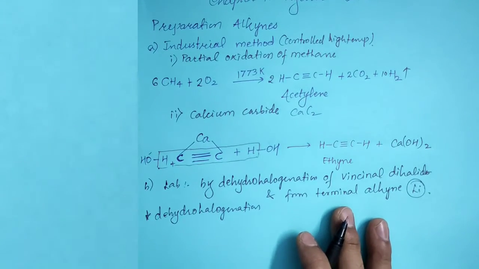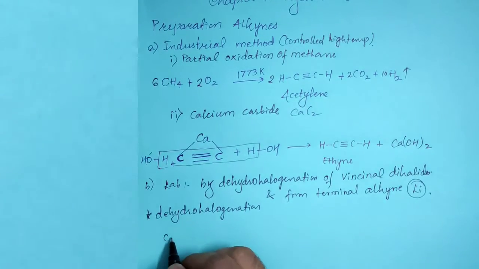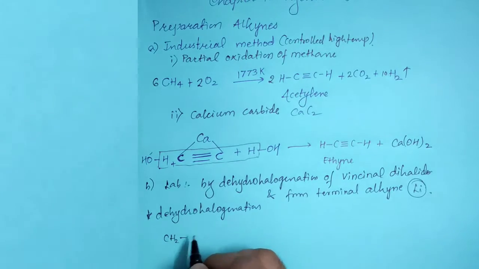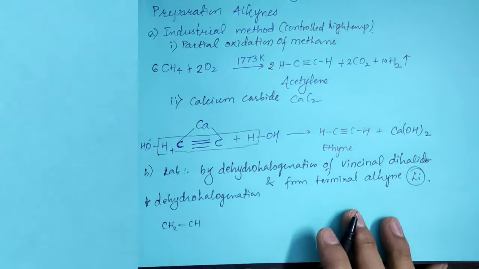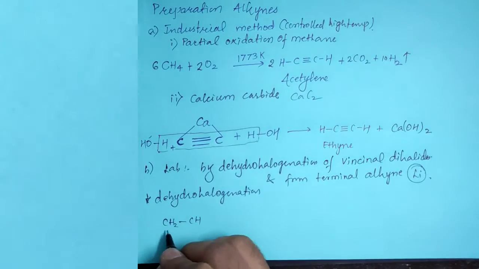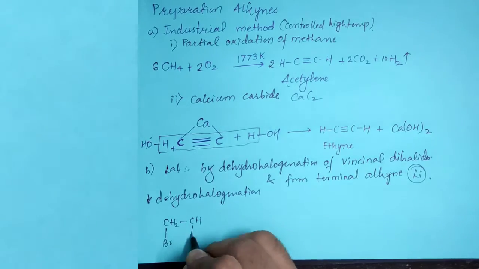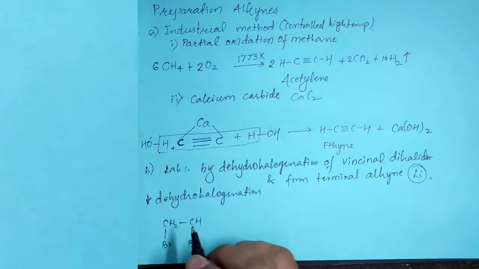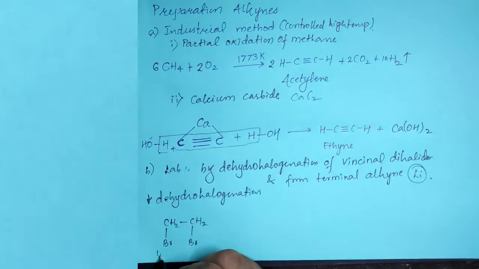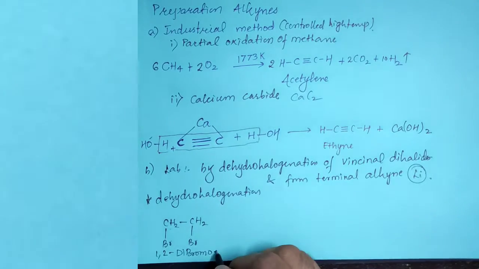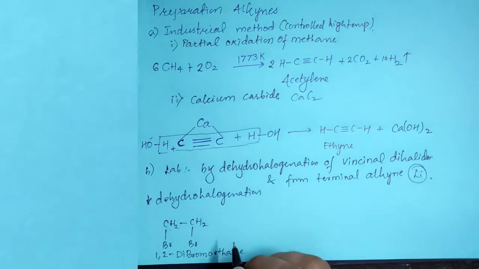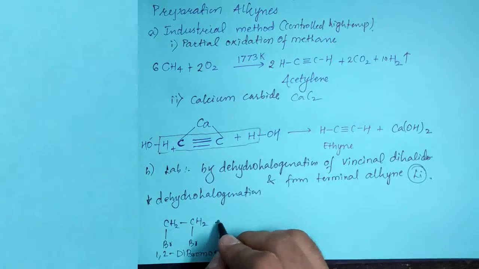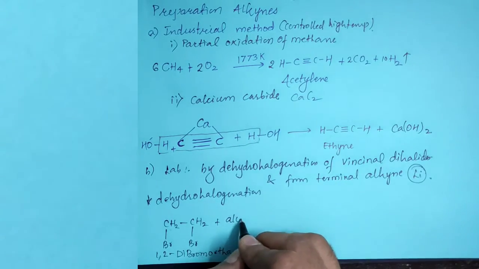Directly we will take an example. The name of this compound is 1,2-dibromoethane. Initially it is treated with alcoholic potassium hydroxide.